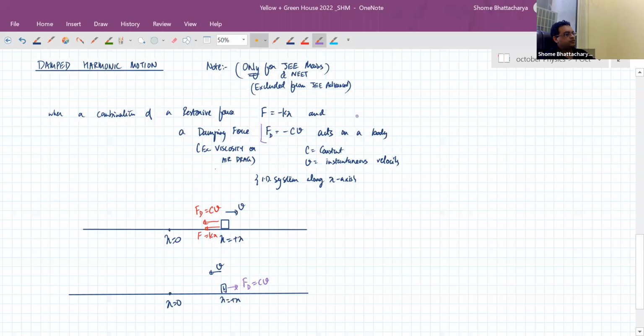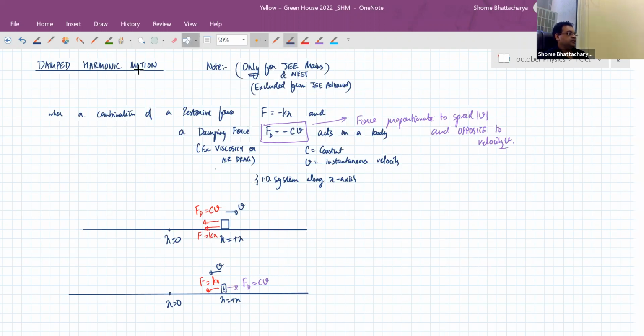Okay, so this is a force proportionate to speed, and opposite to velocity in direction. Whereas the restorative force is always opposite to displacement from mean position. So that acts towards the mean position. Okay.